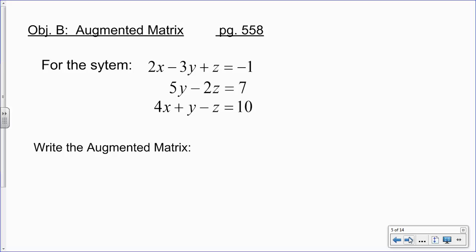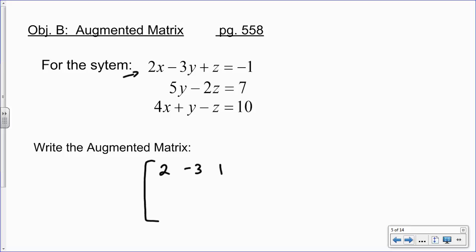All right, so what the augmented matrix is, it's just basically writing that system without the variables or the operation sign. So you're not going to do the addition or subtraction. So my first equation, 2x minus 3y plus z, I'm going to write 2, negative 3, and 1 for 2x, negative 3y, 1z.